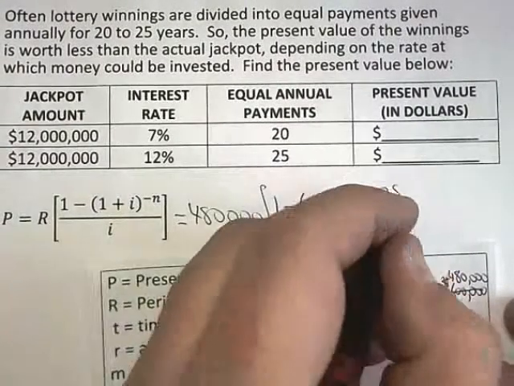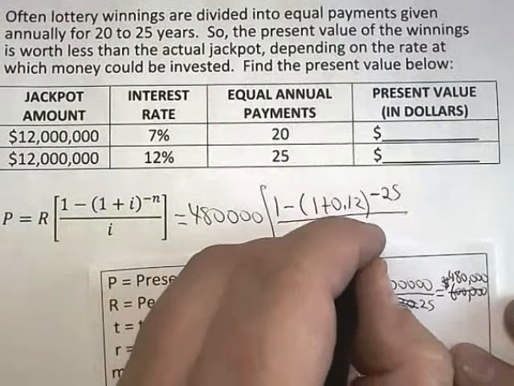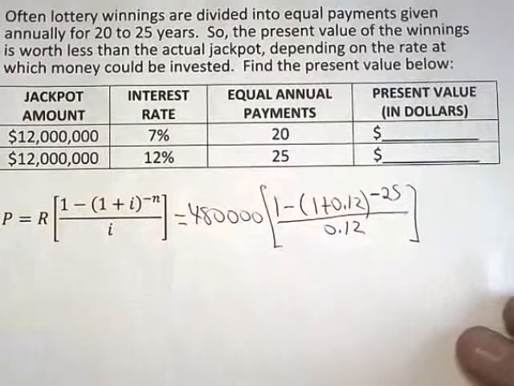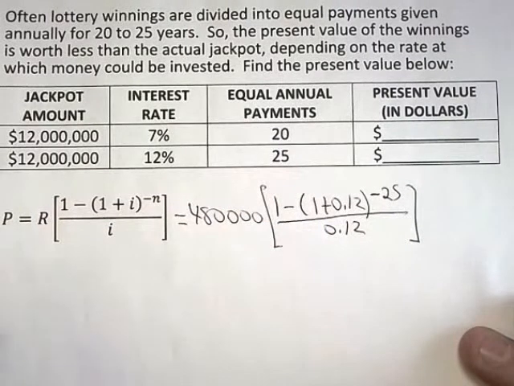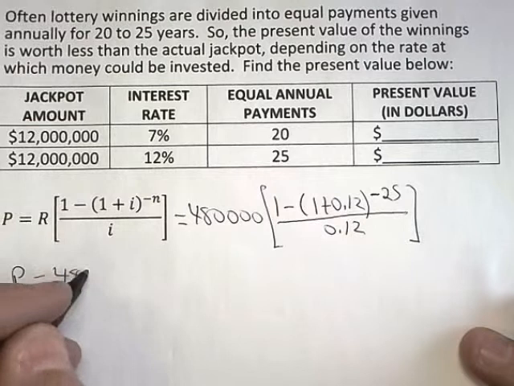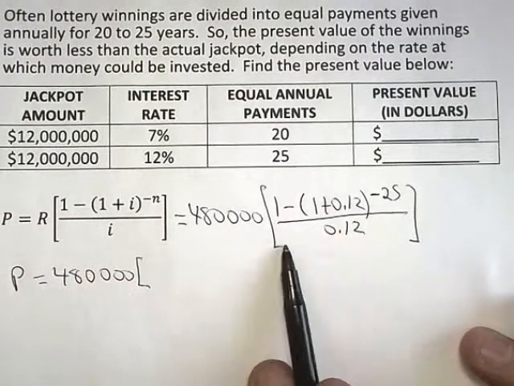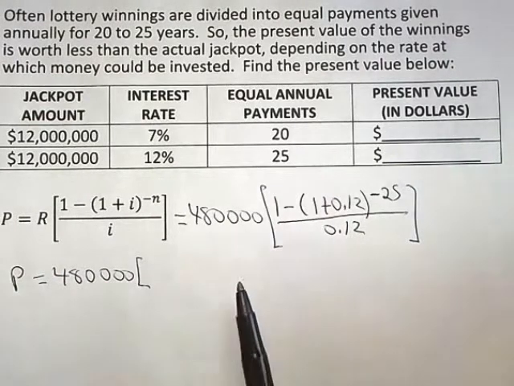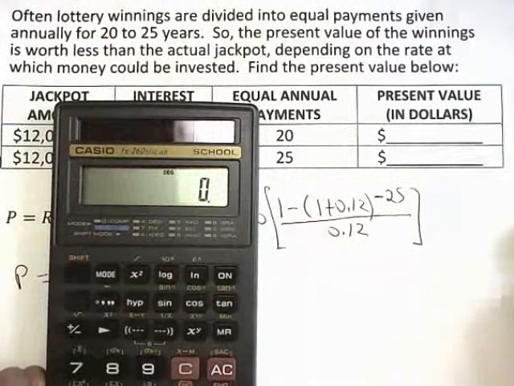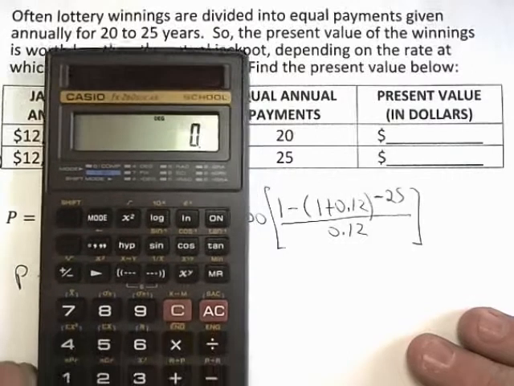So it'll be negative 25, divided by little i, which is 0.12. So as before, it strictly becomes an arithmetic problem now. When I calculate the present value, I'm going to take 480,000 and multiply it by whatever I get as the value of this fraction. So as before, I will go here and do the arithmetic.